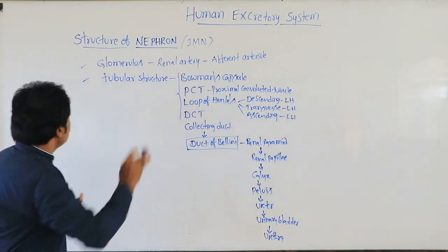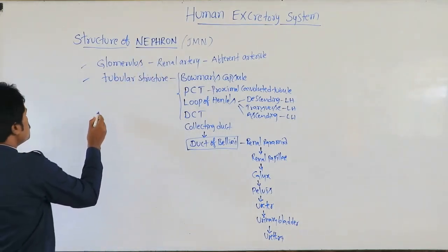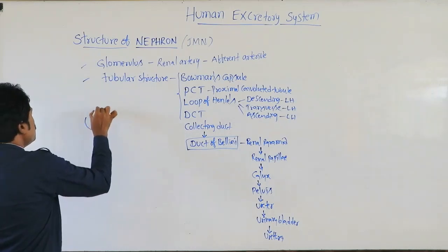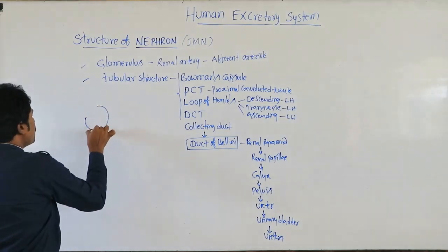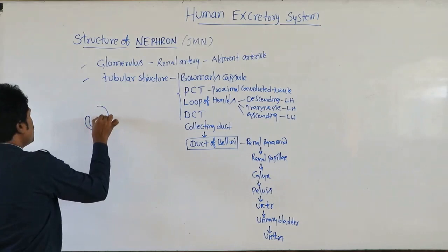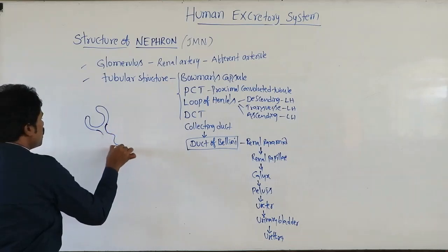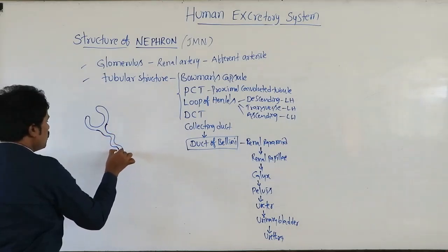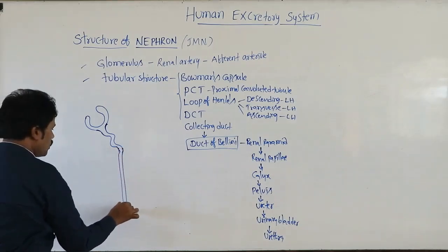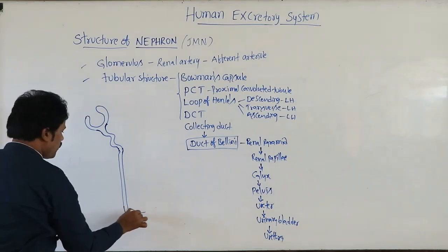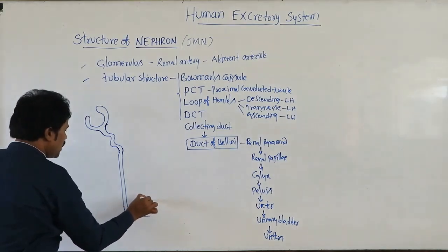Now if you observe this diagrammatically, this is the Bowman's capsule, a cup-like structure. From this Bowman's capsule comes the proximal convoluted tubule, then the descending loop of Henle, then the transverse loop of Henle, then the ascending.